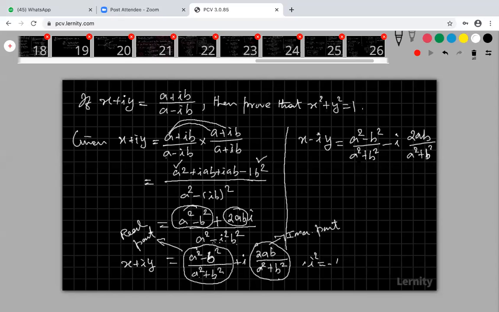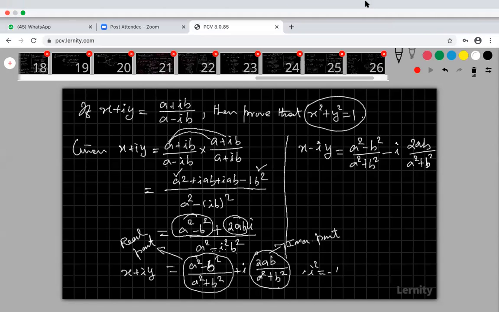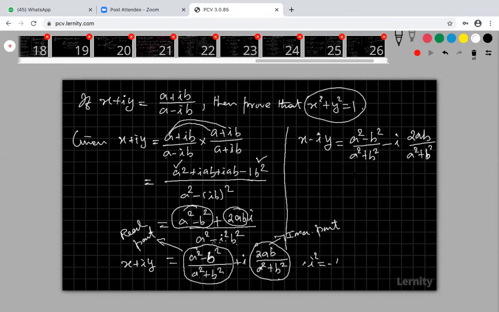The conjugate of x plus iy is x minus iy, so here I will get minus i into 2ab divided by (a square plus b square). Now look at the question. My question: I have to prove that x square plus y square is equal to 1.